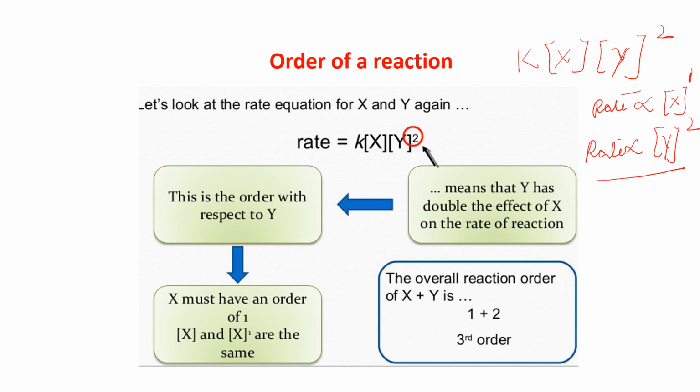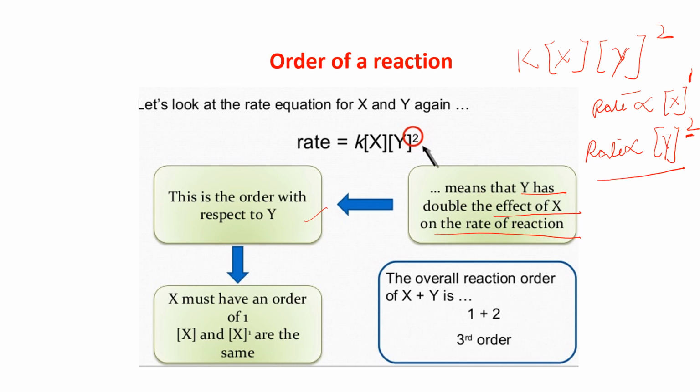Experimentally we are getting this in the rate law. It means that y has double the effect of x on the rate of a reaction. This is the order with respect to y, that means the order with respect to y is 2.